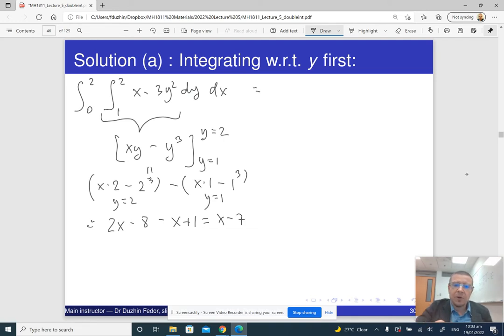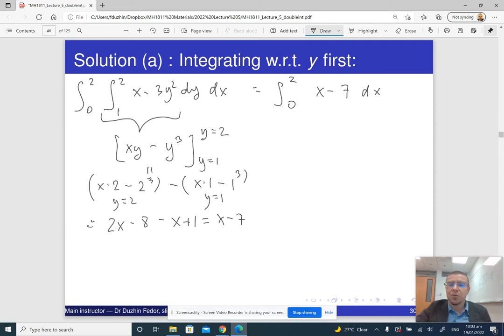And now I'm going to integrate this from 0 to 2, x minus 7 dx. All right, so when I integrate x minus 7 dx, let me just show you a little trick that I find more convenient to do integrals like this.